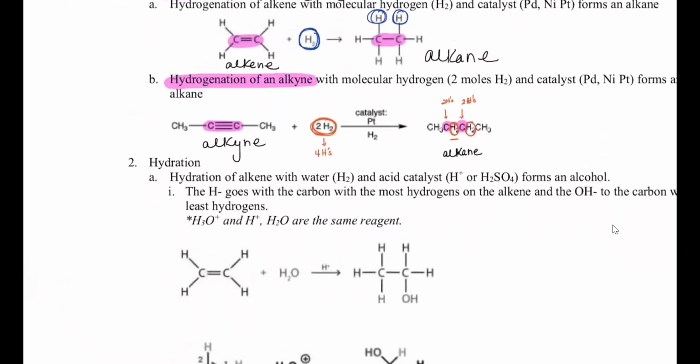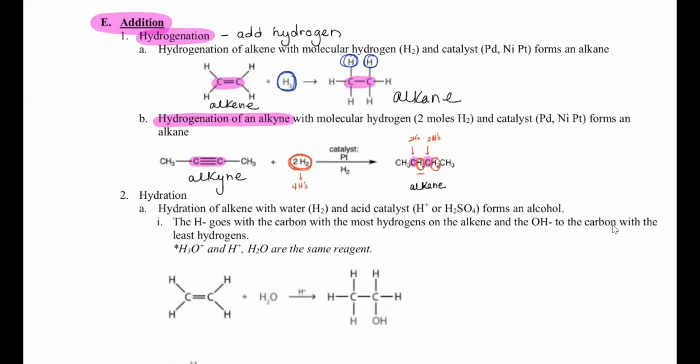The last type of addition reaction that we have is going to be hydration, okay? And in the hydration reaction, similar to what I mentioned before, we need water. I see that the O is not there in H2O, let me write it in.